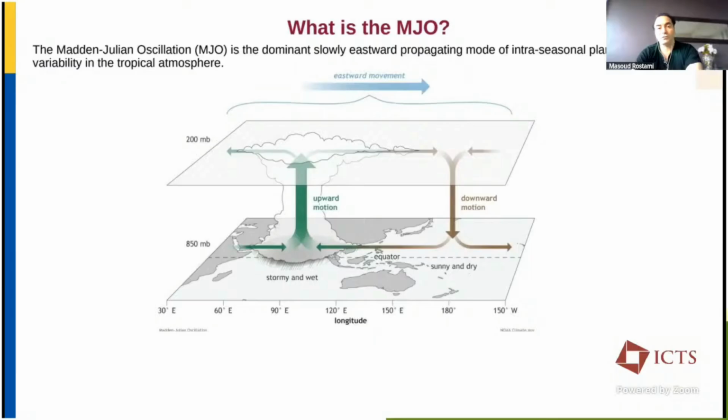Let's first start with an explanation. What is the MJO? Most of you may know already. The Madden-Julian oscillation is the dominant, slowly eastward propagating mode of intraseasonal planetary-scale variability in the tropical atmosphere. Any theory should explain this backbone structure. At first, it should show the eastward propagation. Secondly, that it is a slow eastward propagation.